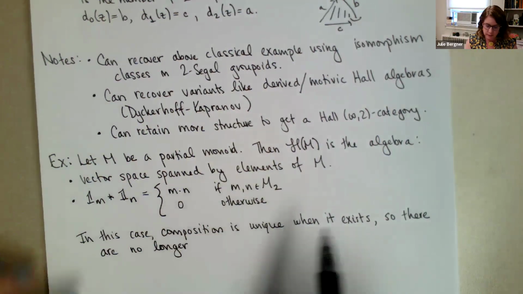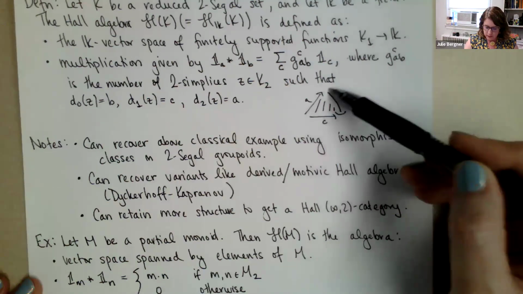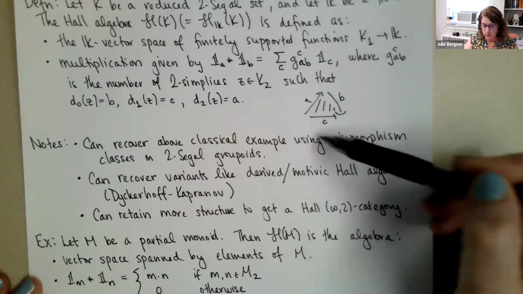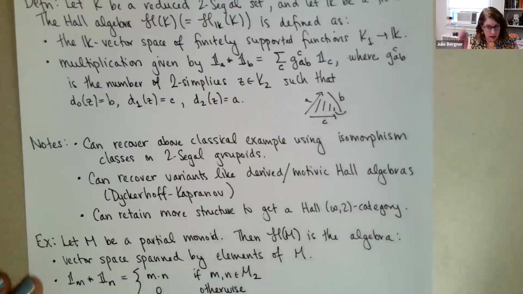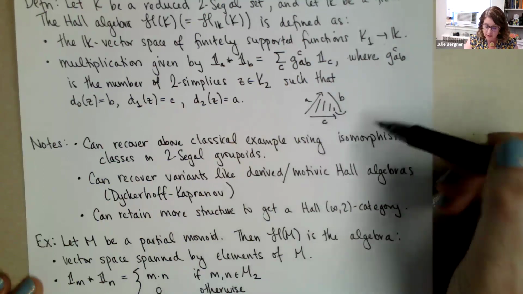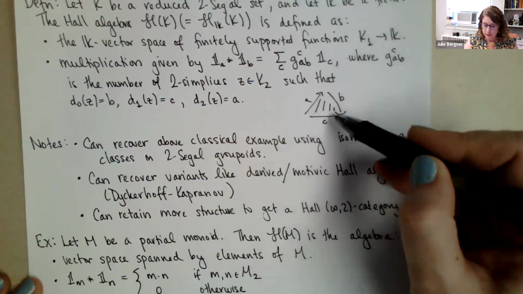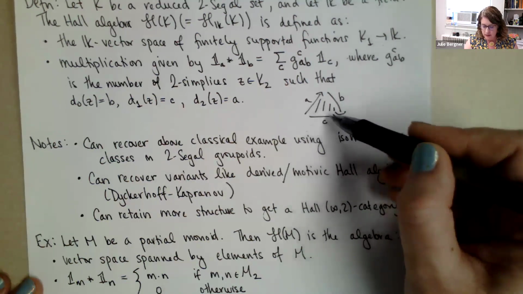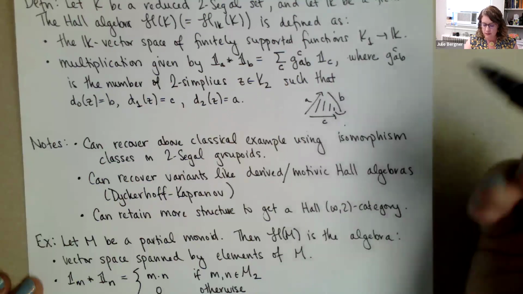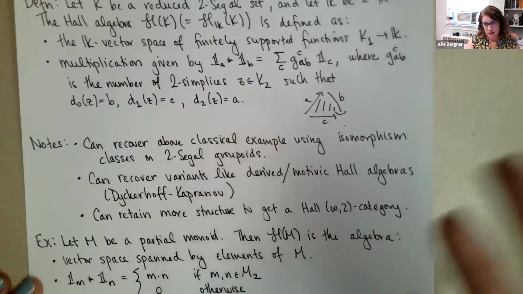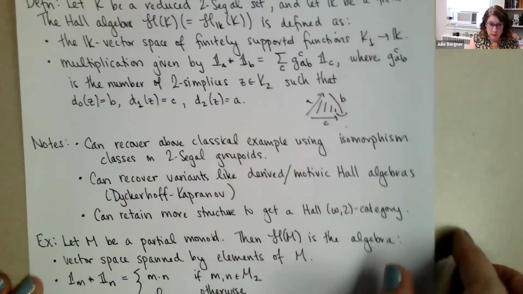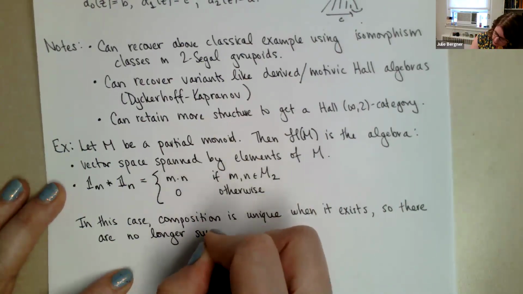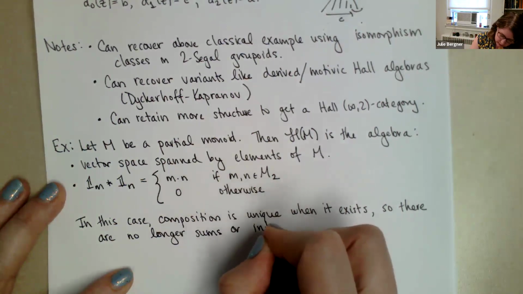You would get sums when you have two different possible composites for A and B. That's how you get multiple two-simplices. And you get interesting coefficients when you have multiple two-simplices with the same boundary, so when you would have the same composite but in two different ways. That's how you get interesting Hall coefficients. And we don't have either of those things here. So there's no longer sums or interesting coefficients.